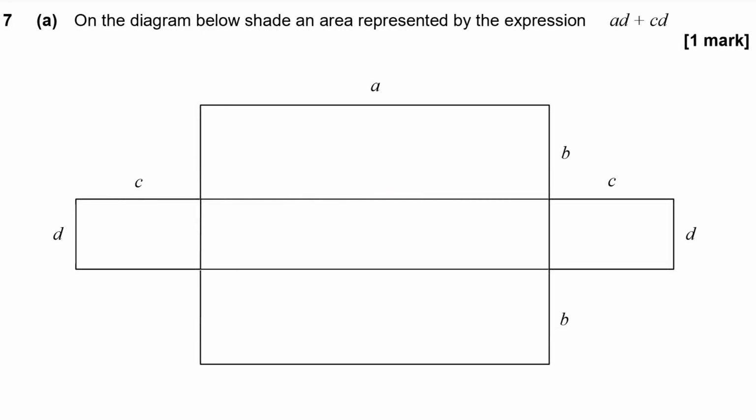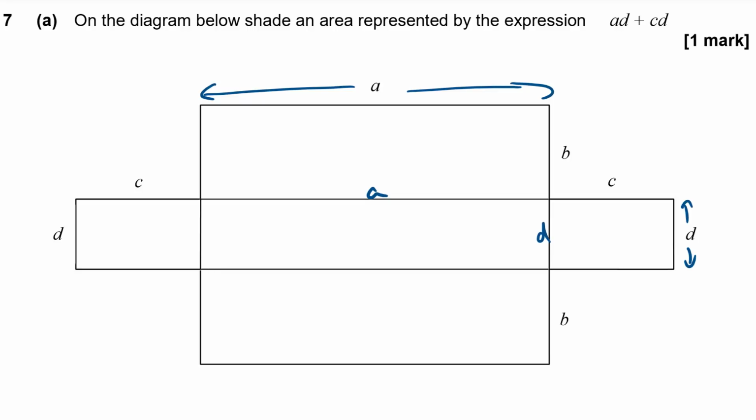Okay, on the diagram below, we're asked to shade an area that's represented by the expression AD plus CD. Now, some of the measurements are missing, but we can see because from here to here is A, then this is also going to be A here, and because from here to here is D, this is also going to be D here.